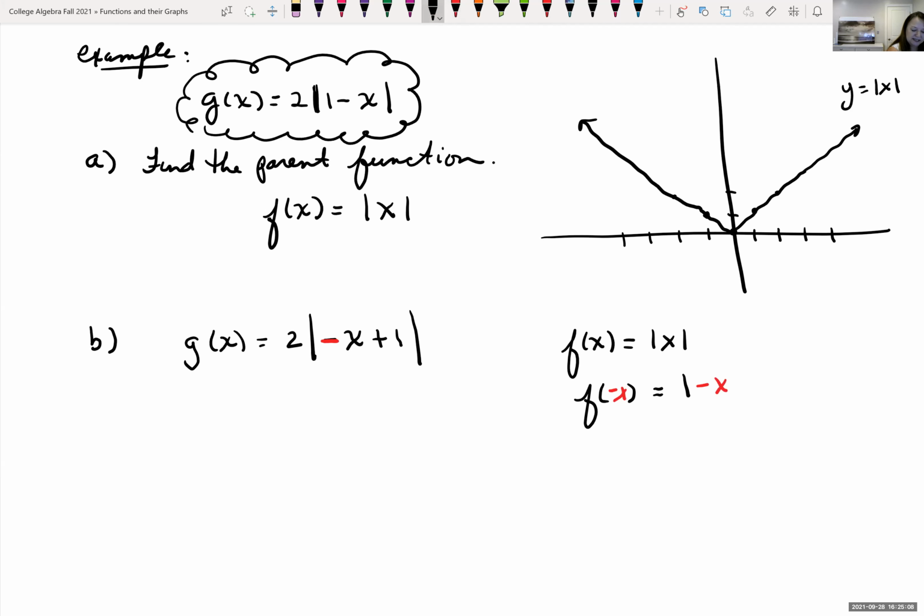So changing my sign on x, I know that this is a reflection across the y-axis. Well, if I took what I had and I reflect this across the y-axis, it's just going to be the exact same thing that I had before.